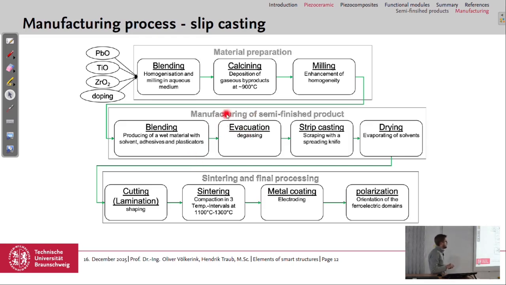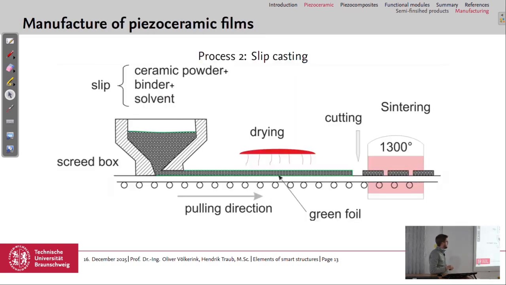You evacuate this material, and then you have a strip casting where you scrape it with a spreading knife, dry it afterwards to evaporate the solvents, and then you cut it to shape. Again, you have a sintering process, and then like before, the metal coating for the electrodes and the polarization to get the macroscopic properties.